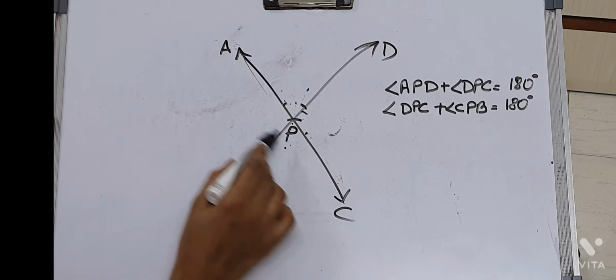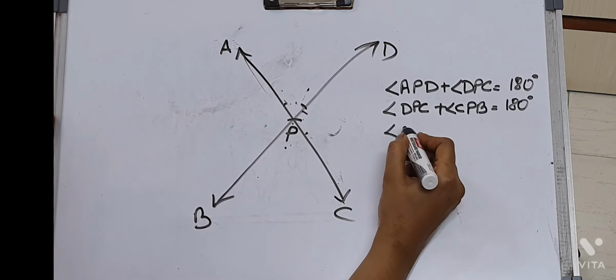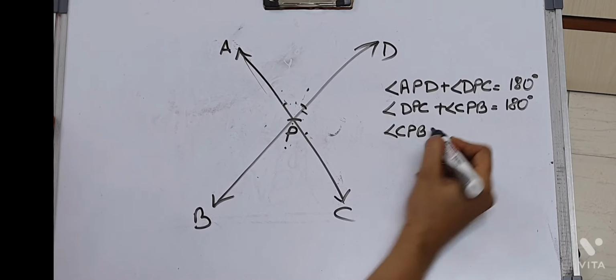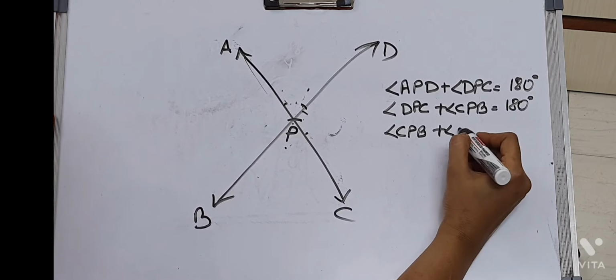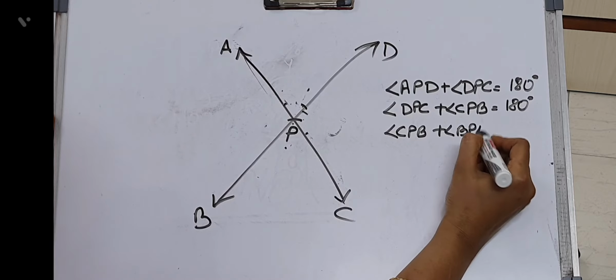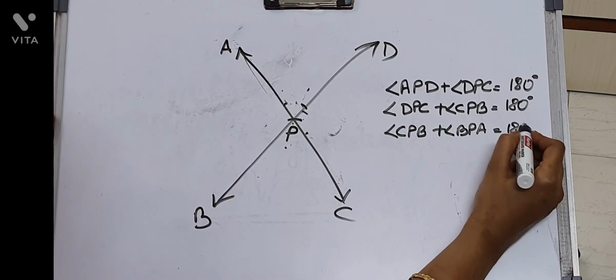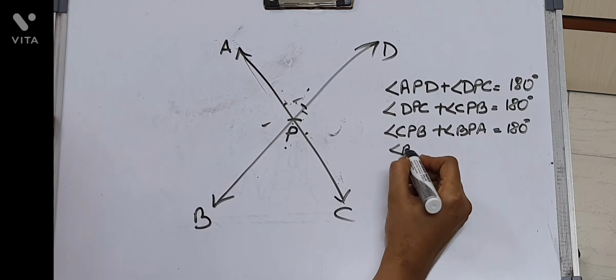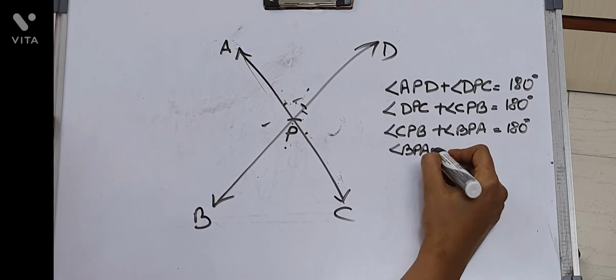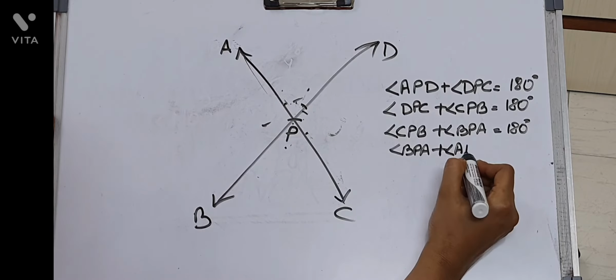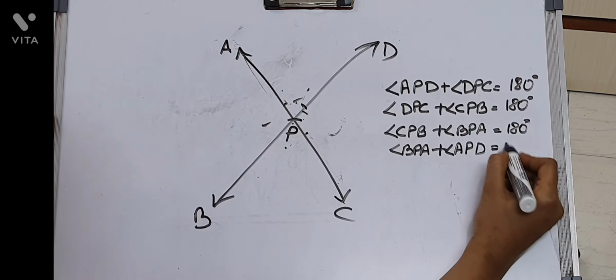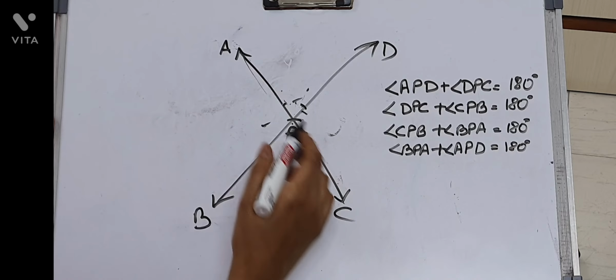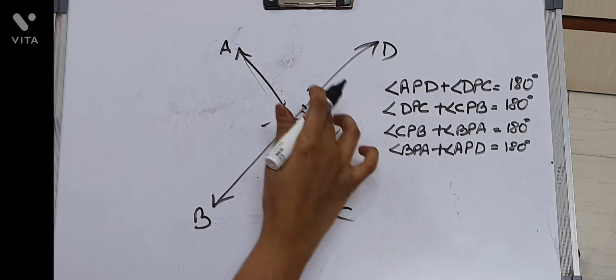Now this and this angle: CPB plus angle BPA is 180 degrees. Again this and this angle: BPA plus angle APD is 180 degrees. So you can see we have gone around in a circle.